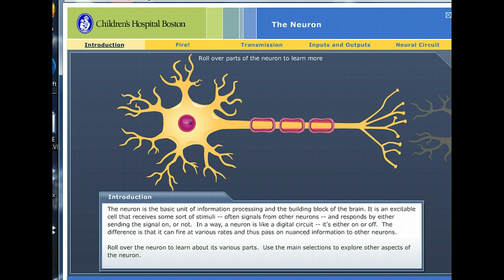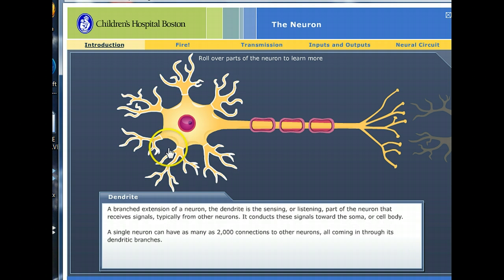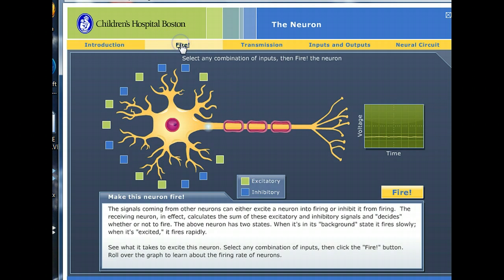Well, think about it similar to driving. You need both an accelerator and a brake in order to have a smooth driving experience. Otherwise, it might be a little chaotic. Well, neurons are the same way. Sometimes you need to slow down the signal, and sometimes you need to speed it up.